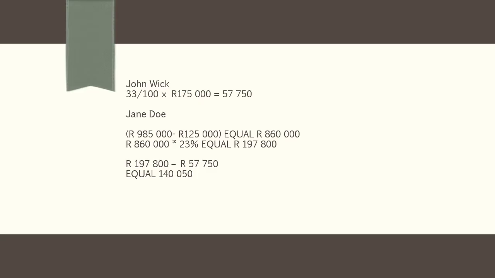So here we just deducted that amount of 57, which means that John already paid Jane. The amount which was supposed to go to Jane is 57,750, so it will no longer be going there, just to cover the debt.